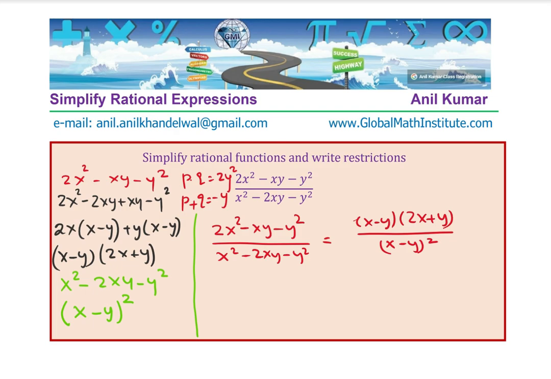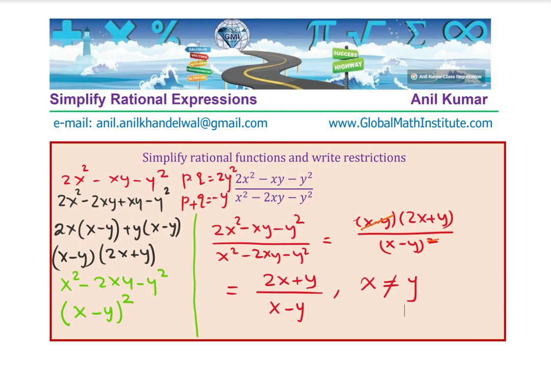So clearly you can see that x minus y can be cancelled, and so we get our simplified form, which is equal to what? 2x plus y in the numerator divided by x minus y in the denominator. The restriction here is that x is not equal to y, since both the factors in the denominator were x minus y, right? So that is how we will do this one.